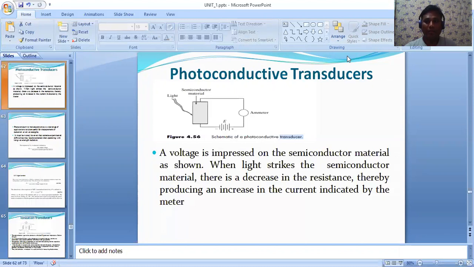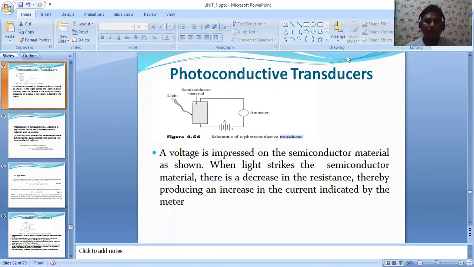The input is the light beam and the output is an electrical quantity. So what is the role of the transistor here? It converts a light quantity to an electrical quantity. In instrumentation, the transistor measures the output in the form of current or voltage.